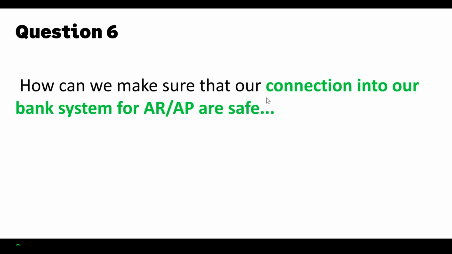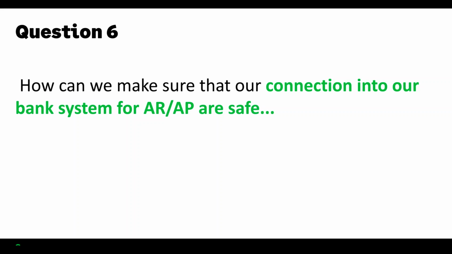Okay, let's move to the next question. How can we make sure that our connection into our bank system for AR and AP is safe? So that's probably more to do with the controls that the bank gives you on connecting through to your banking system, and many of them have really strict controls and secure PIN numbers and two-factor authentication, and so on.